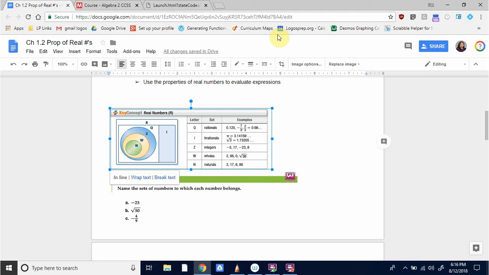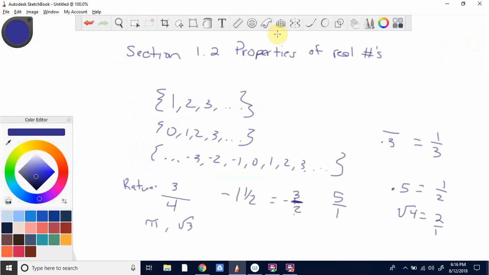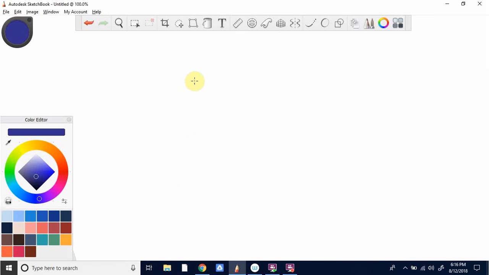So those are the categories for B. What about the square root of 50? Well, the square root of 50 can be simplified as 5 square root of 2. Square root of 2 is not a perfect square, so this is simply an irrational and a real number.